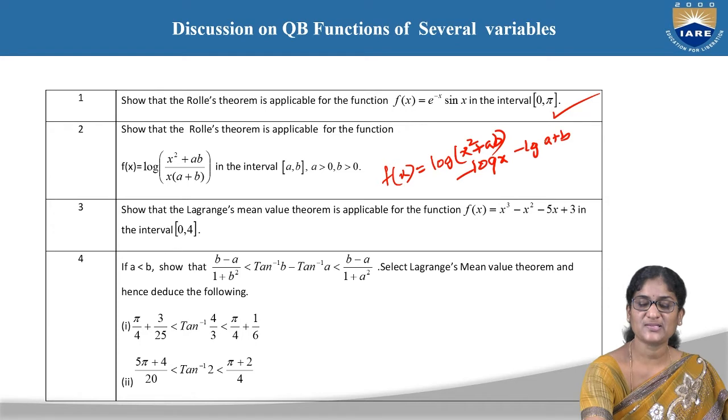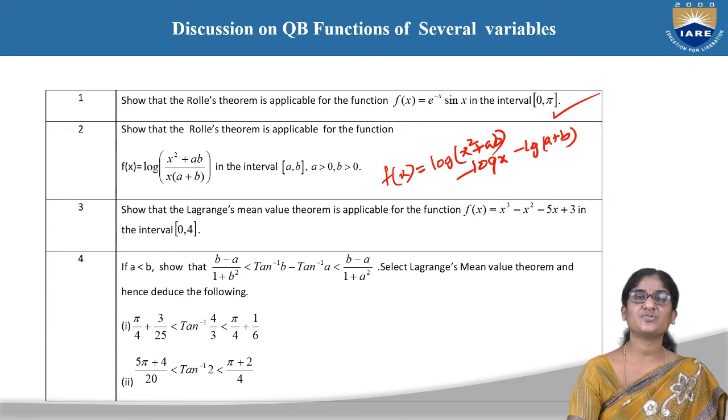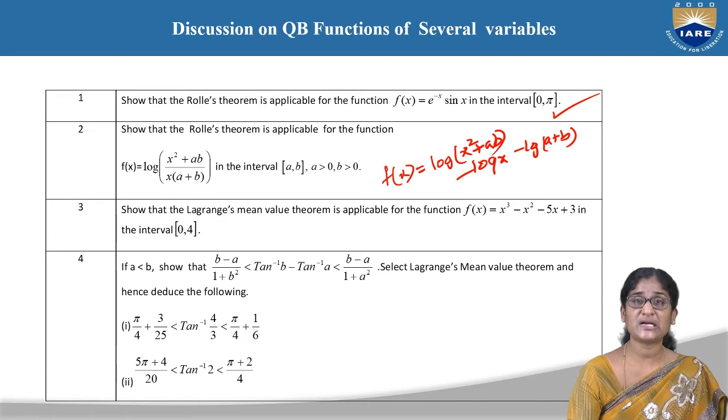If you write it in this manner, then the differentiation becomes very easy. Then we have to show that the function is continuous in the closed interval a comma b and differentiable in the open interval a comma b, and then show that f of a is equal to f of b, the third condition of Rolle's mean value theorem.